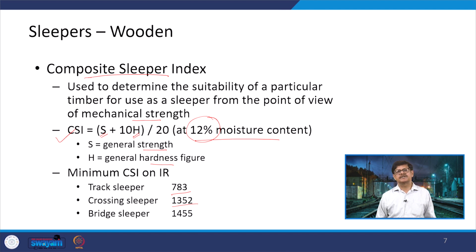And if these sleepers are being used on bridges, then further more strength is required, so the CSI value has to be even higher. So, these are the various values, and on the basis of the testing we have to identify whether the sleeper, the wooden sleeper specifically when we are talking here, can be used at that location or not.